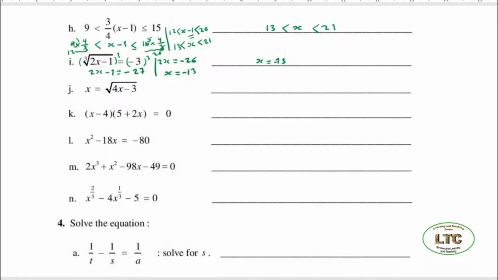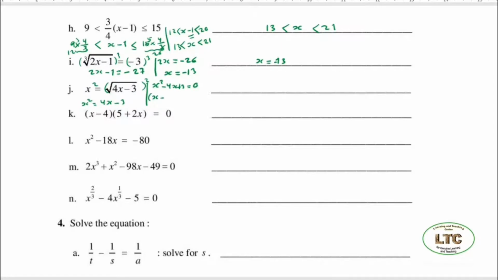Here you must take care because this is square root. Okay, take square and take square. The square and square root cancel. So this is the quadratic equation. How to solve the quadratic equation? You put it in the standard form. Move all to the left and factorize the left hand side.